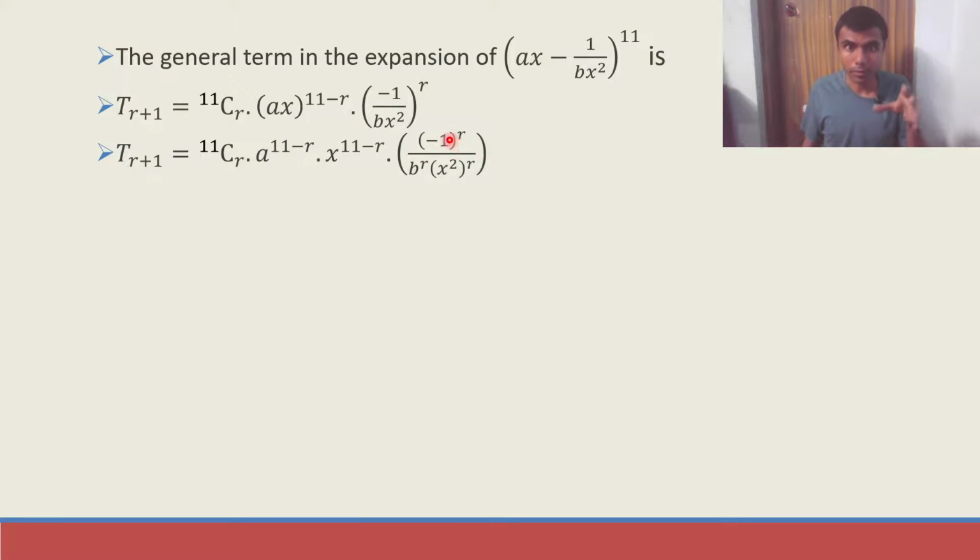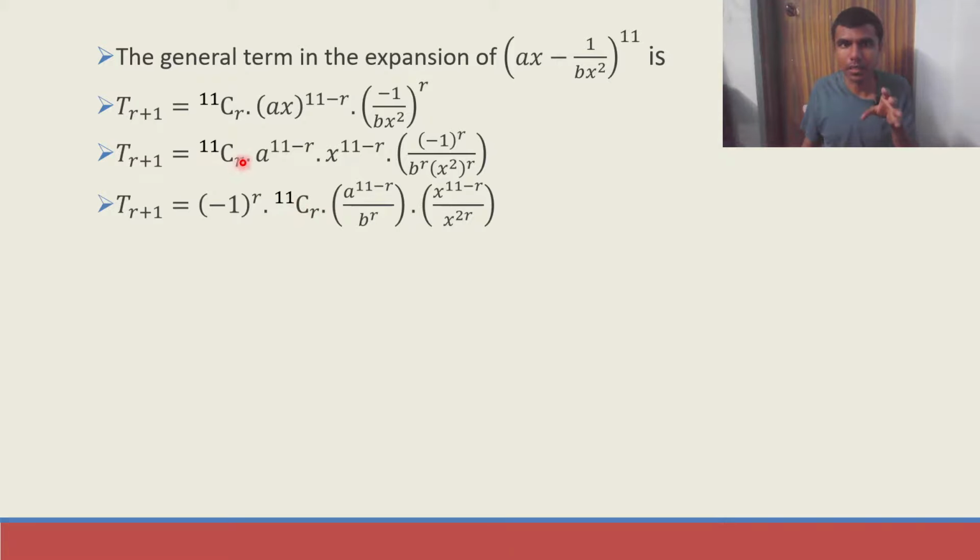Now again, how I am simplifying, pay attention. Bring (-1)^r to the beginning: (-1)^r, 11Cr, a^(11-r) by b^r. Now again, x^(11-r) is there by (x^2)^r. (x^2)^r is nothing but x^(2r).